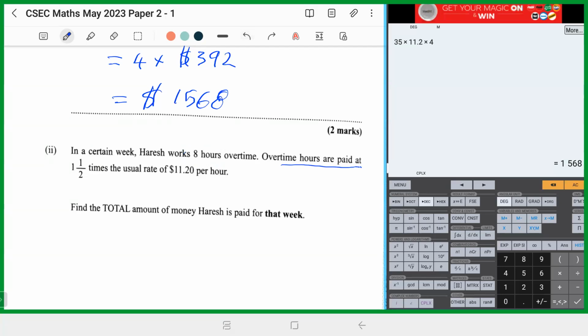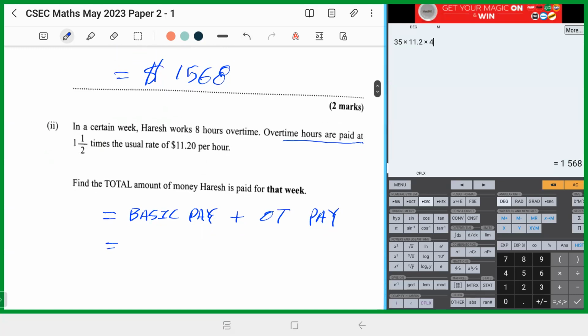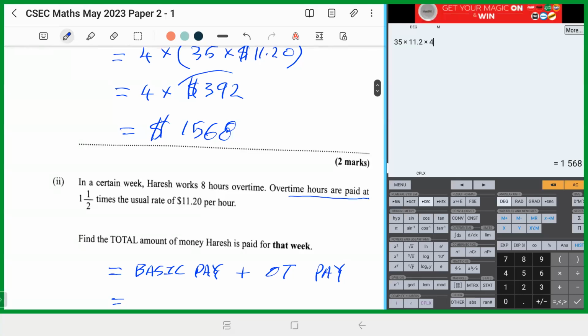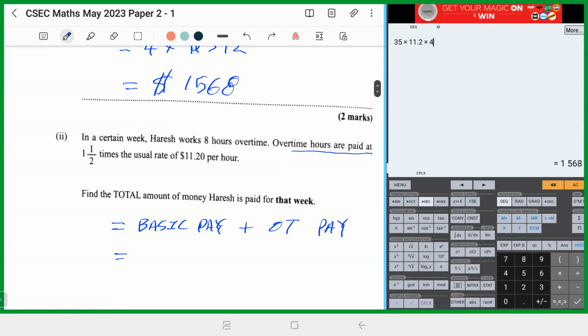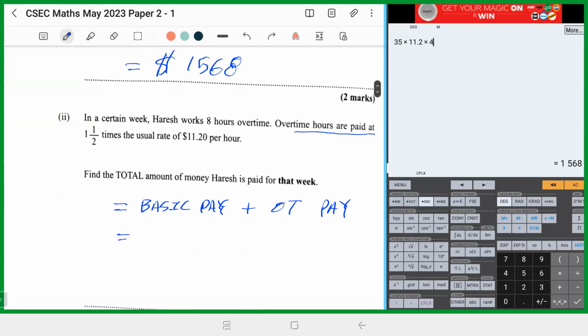So the total pay, let's work it like this, will be equal to the basic pay, which is the regular pay, plus the OT. OT means overtime pay. We'll work it out in one go. So the basic pay for the week is going to be the 392 that we calculated here as the amount for basic pay, 35 hours.